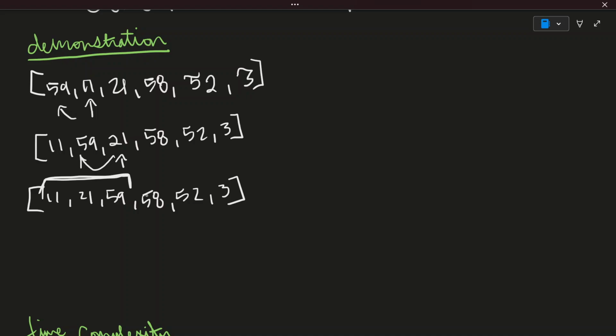Now all we have to worry about are these three elements in the array. So we're at 58. 58 is less than 59, so we move it one position over. And that's where we stop because it's greater than 21.